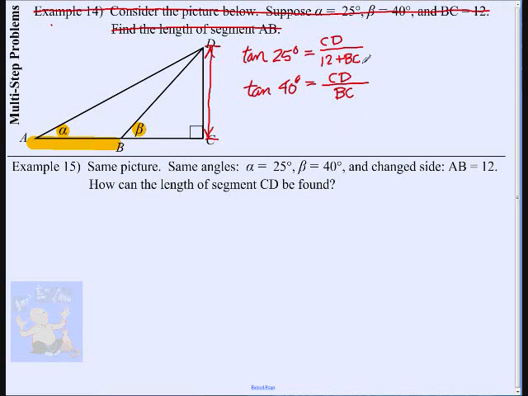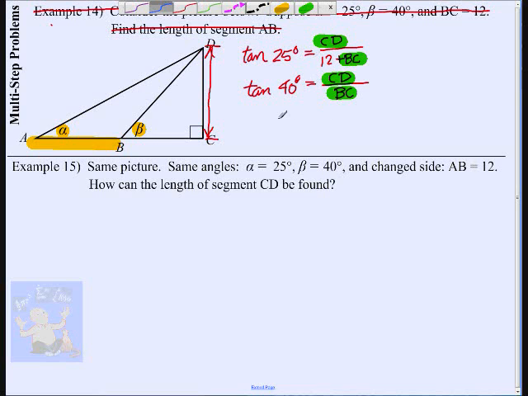So I've got actually two unknowns here, but I have two equations. Let me mark them. This is an unknown, this is an unknown, but I have two equations. So if I have two equations with two unknowns, I should be able to figure it out, right?